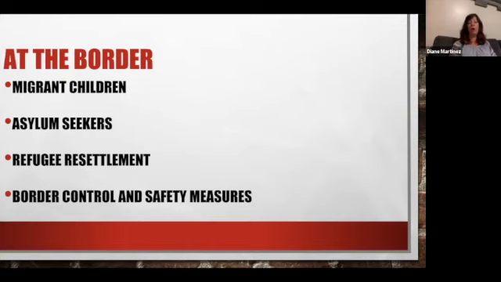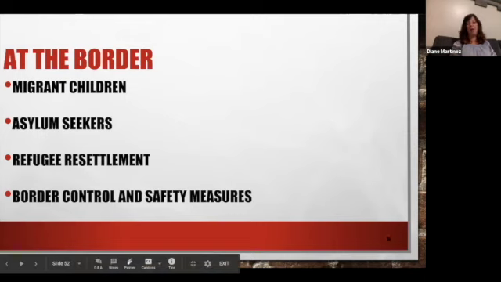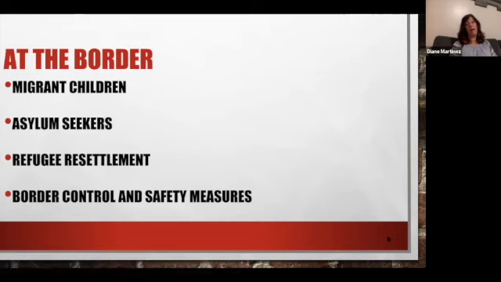But with COVID requirements, that has gone down to 8,000, and it's currently thought that there are about 8,200 children in their custody right now. So they're not able to meet the requirements set up based on COVID.